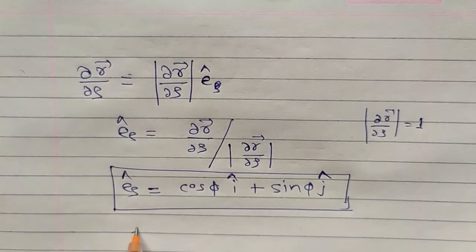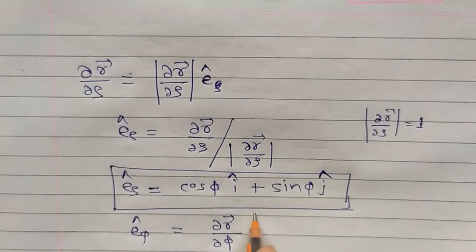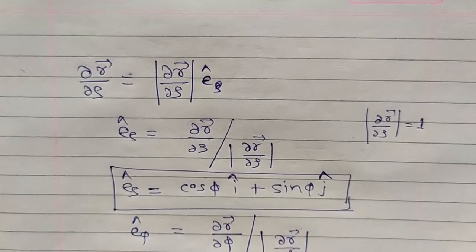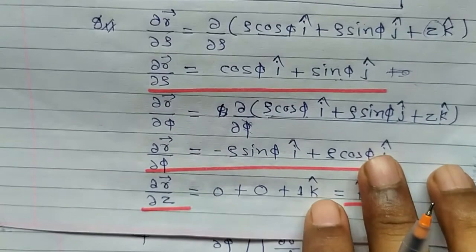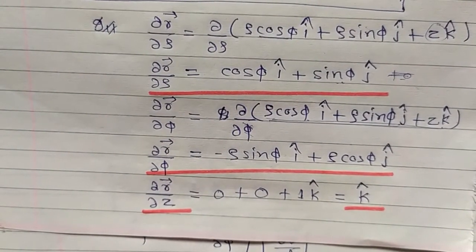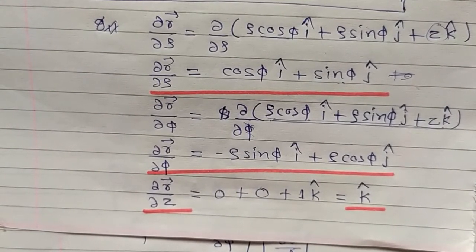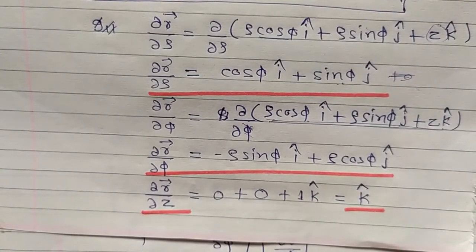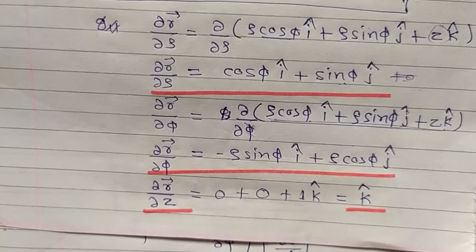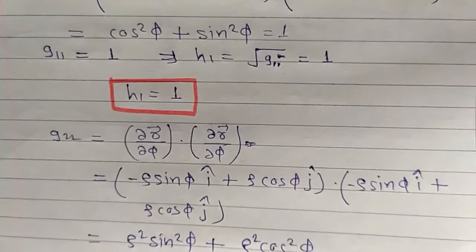Similarly, I want to find e phi cap, which will be del r bar by del phi divided by the magnitude of del r bar by del phi. This time it is like this: minus rho sin phi i cap plus rho cos phi j cap, and you have to take the magnitude of this. Taking a magnitude means taking a dot product with itself. We have done it here.